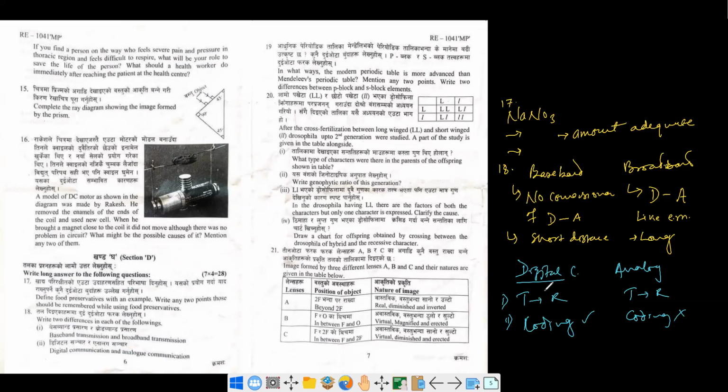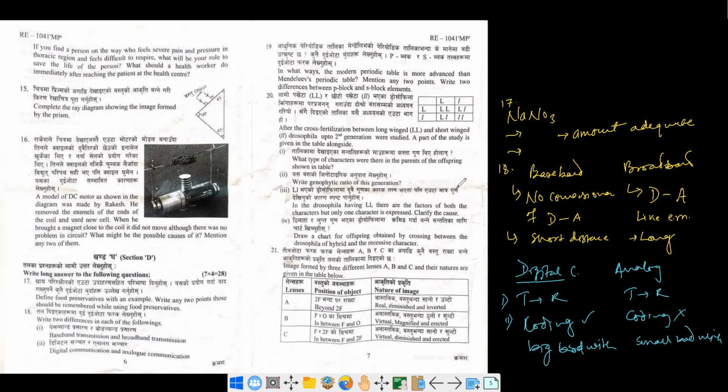So in digital data we require a big bandwidth, where analog requires small bandwidth. Okay, so this is how we can differentiate between digital signal and analog signal.